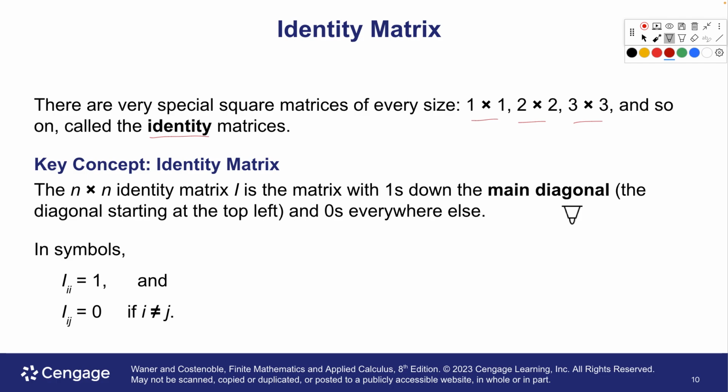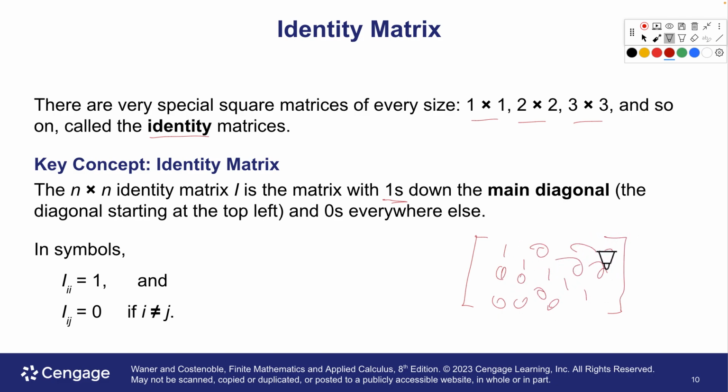That doesn't change anything. What we're going to find out is that there are ones along the main diagonal and zeros everywhere else. It doesn't matter its size, we're going to get 1, 1, 1, 1 down the diagonal, zeros everywhere else. So these are all zeros.